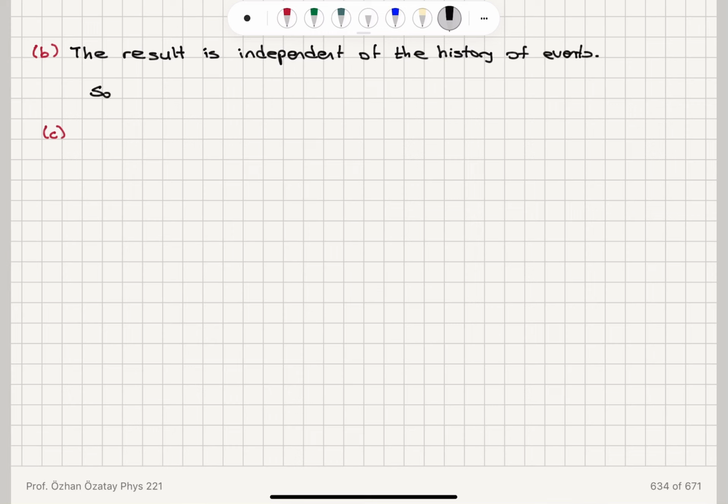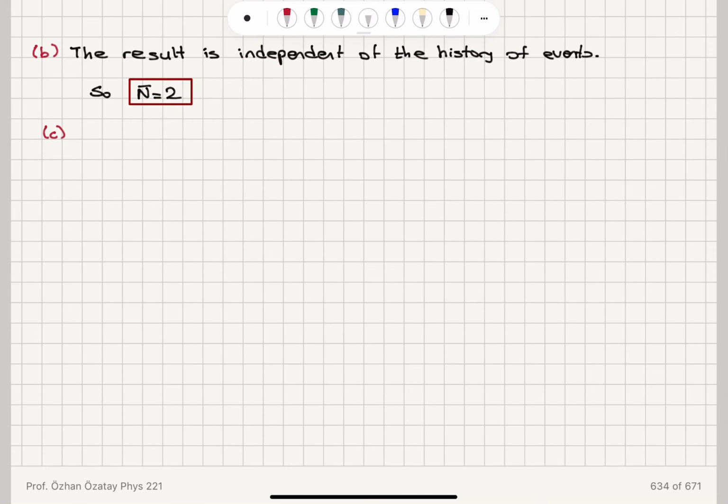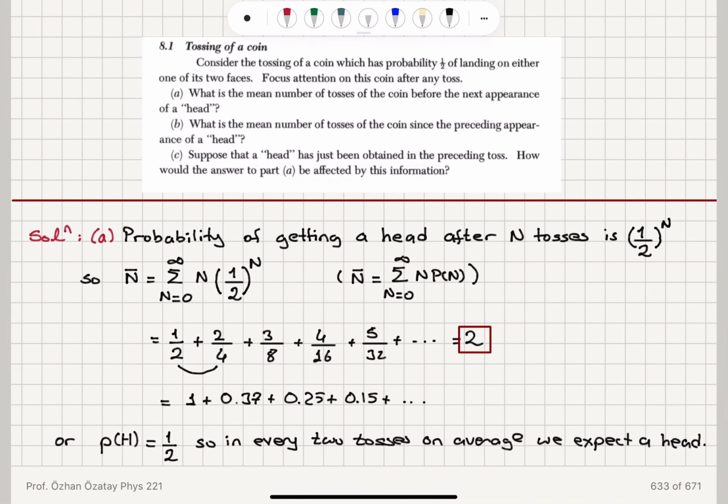So n bar is still 2. The question was, what is the mean number of tosses of the coin since the preceding appearance of a head? The result is independent of the history of events, so n bar is equal to 2.